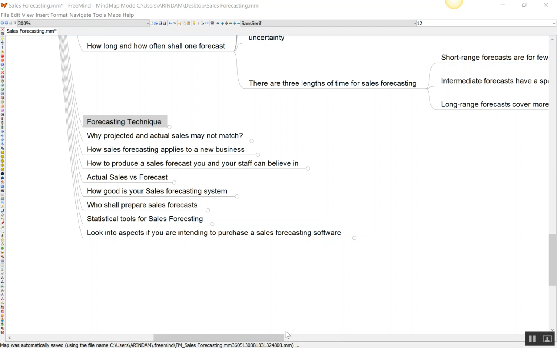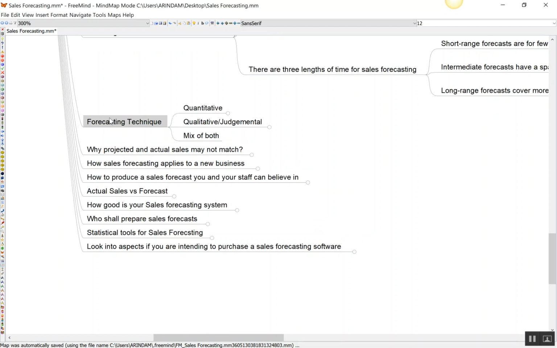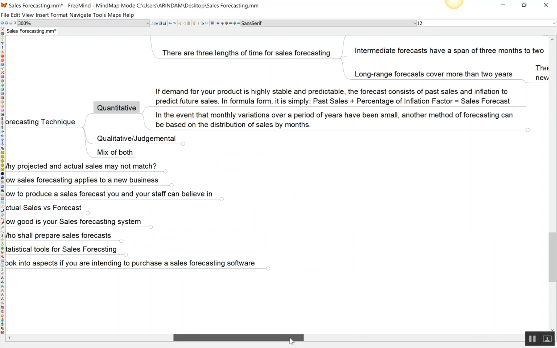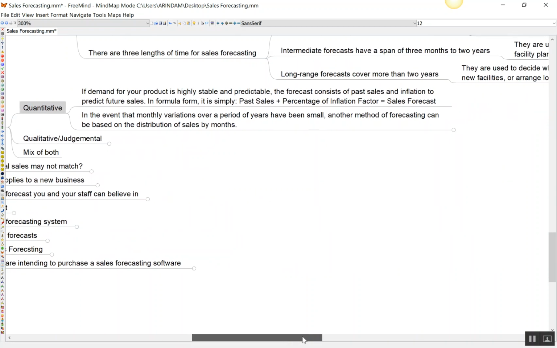Hi. So now let's look into the different forecasting techniques that are available. The first one is the quantitative technique. So let's look into it. If the demand for your product is highly stable and predictable, the forecast consists of past sales and inflation to predict future sales.